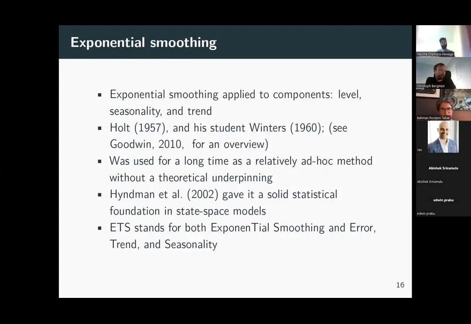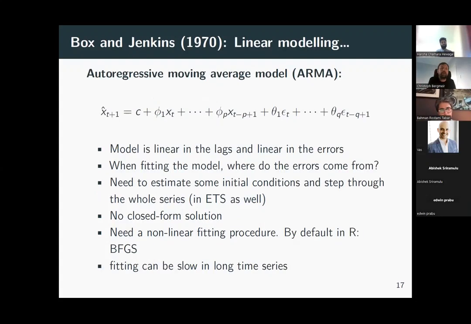That was then one of, maybe the most important work of Rob Hyndman, to give it this solid statistical foundation in state space models. And ETS actually stands for exponential smoothing, or for error, trend, and seasonality, which are usually the different parts that you fit.